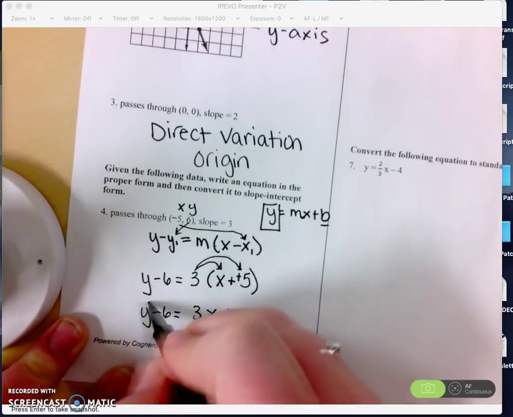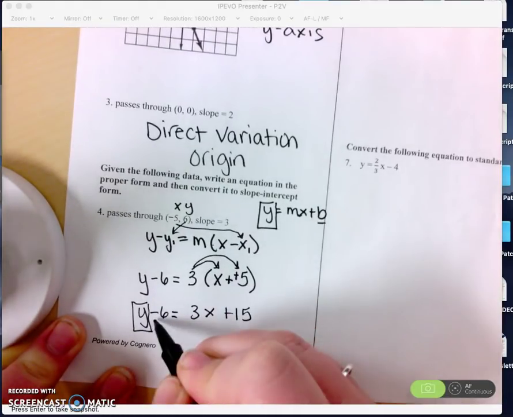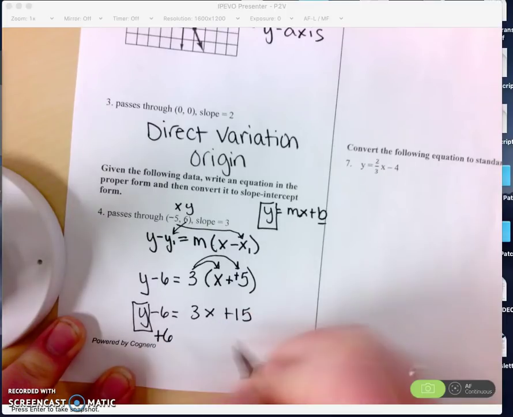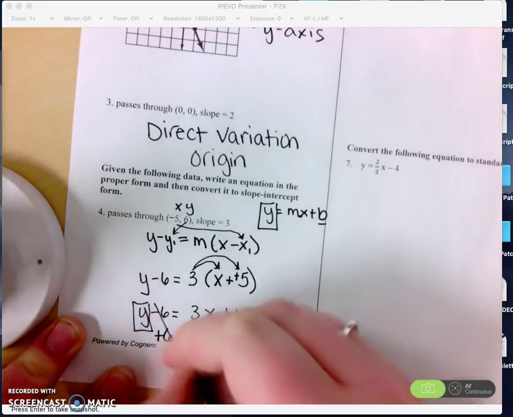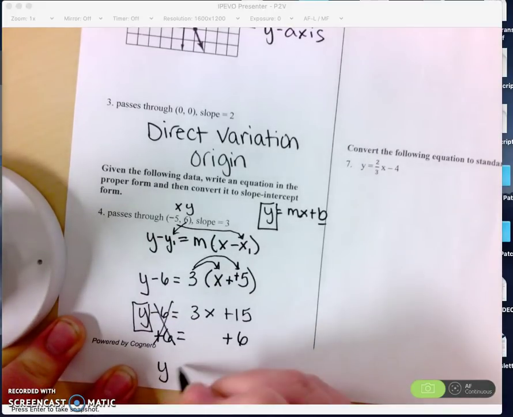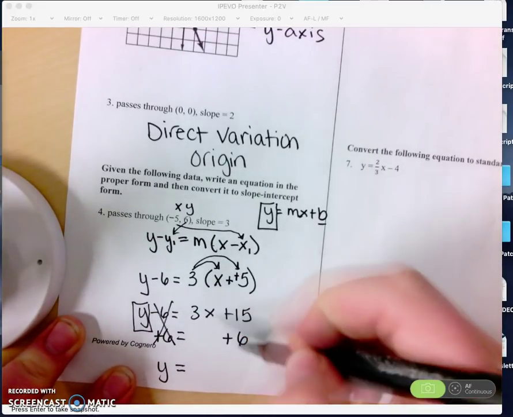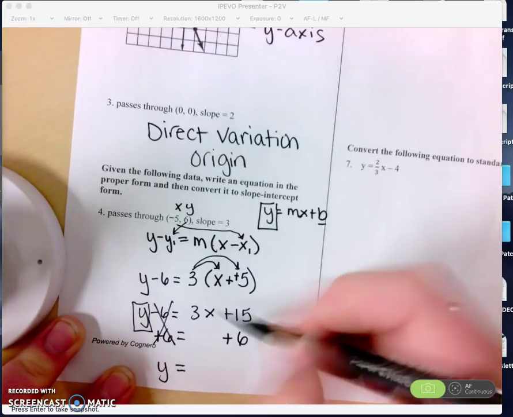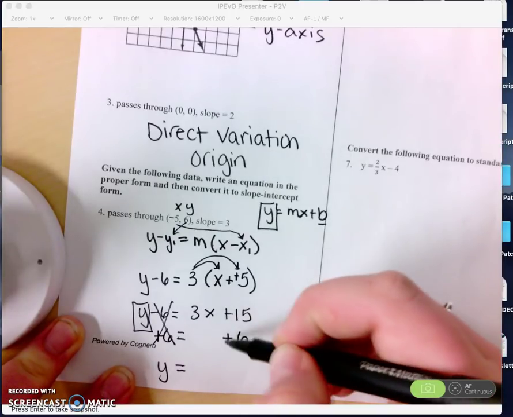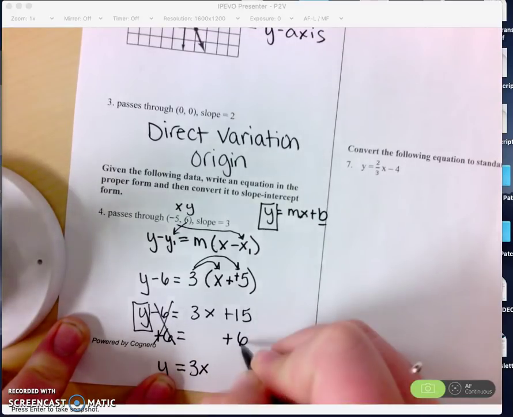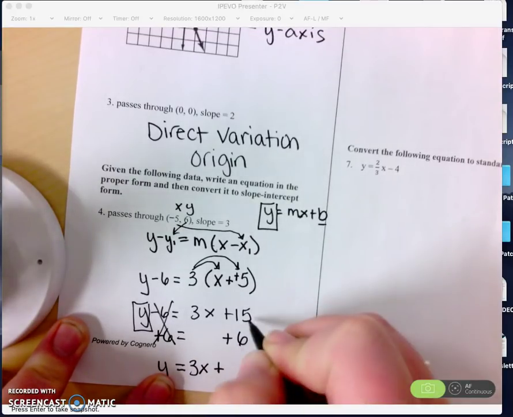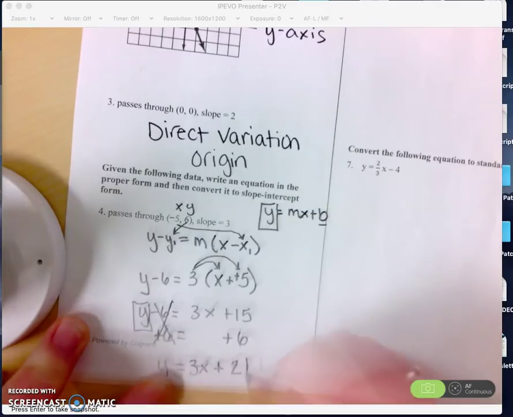So y by itself here, but I have this minus 6. I need to add 6 to both sides to get rid of that. This will go away. I will have just y left. The 3x plus 6 plus 15, I can't add these two together because they're not like terms. So 3x comes down, 15 plus 6 is 21.